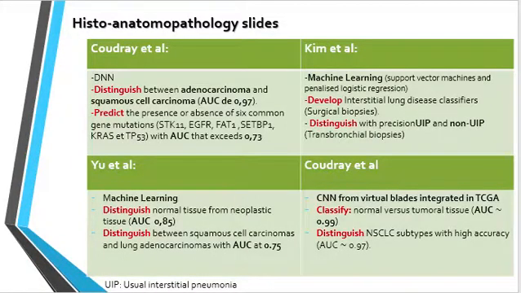Concerning histoanatomopathological slides, teams have been interested in the application of AI in this type of explorations and have developed machine learning and deep learning models to classify or predict from the interpretation of slides a set of abnormalities, especially tumors with AUCs up to 0.99.